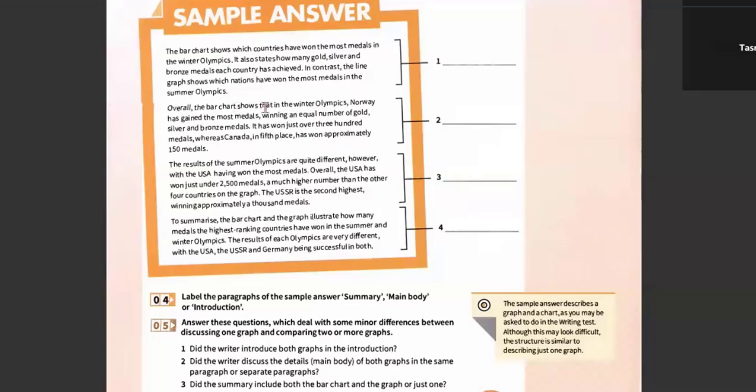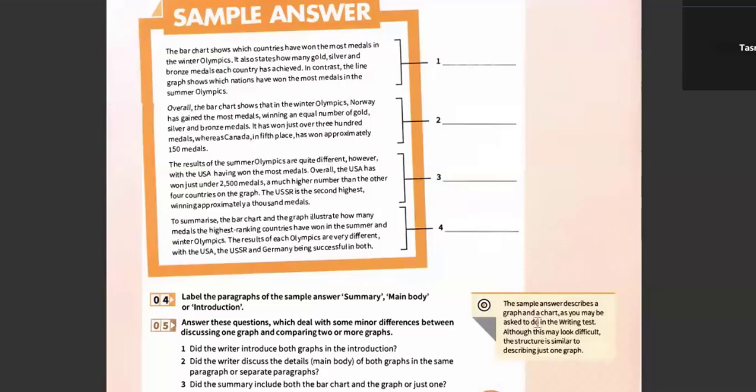Right, exactly. The writer introduced both the graphs, but he put the bar chart first because he actually wanted to describe the bar chart in the beginning of the main body part. So both the graphs and diagrams are described in the introduction, but very briefly. He did not make it lengthy. So yes, the writer introduced both graphs in the introduction. Okay, good that you found out that you made a mistake.